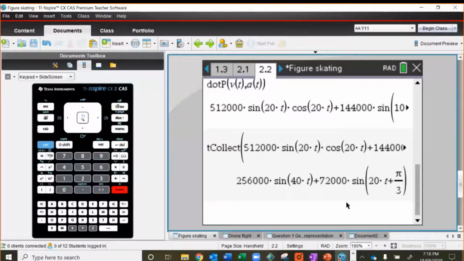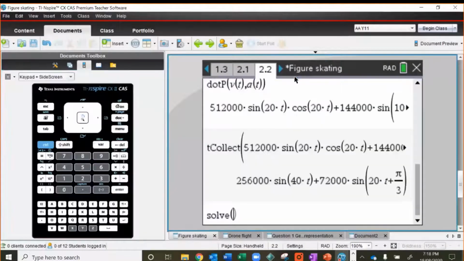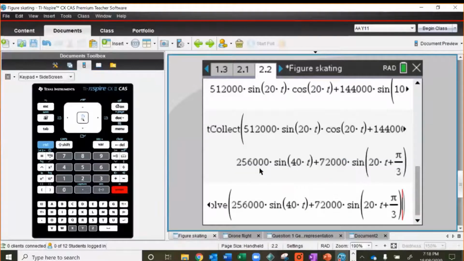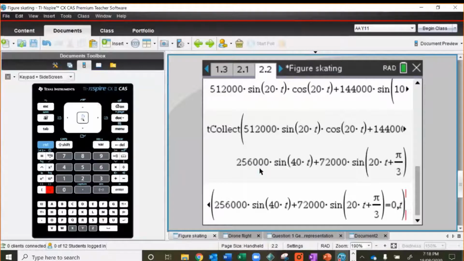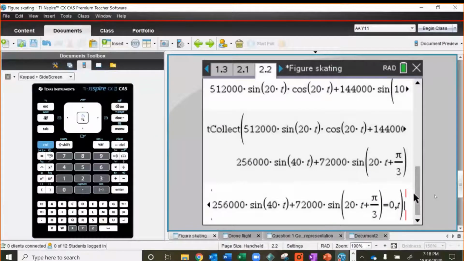So what we want now, we want to solve that for 0. Menu, algebra, solve. And we want this to be equal to 0, t. But of course, it is a trig equation, so we need to give it a domain.